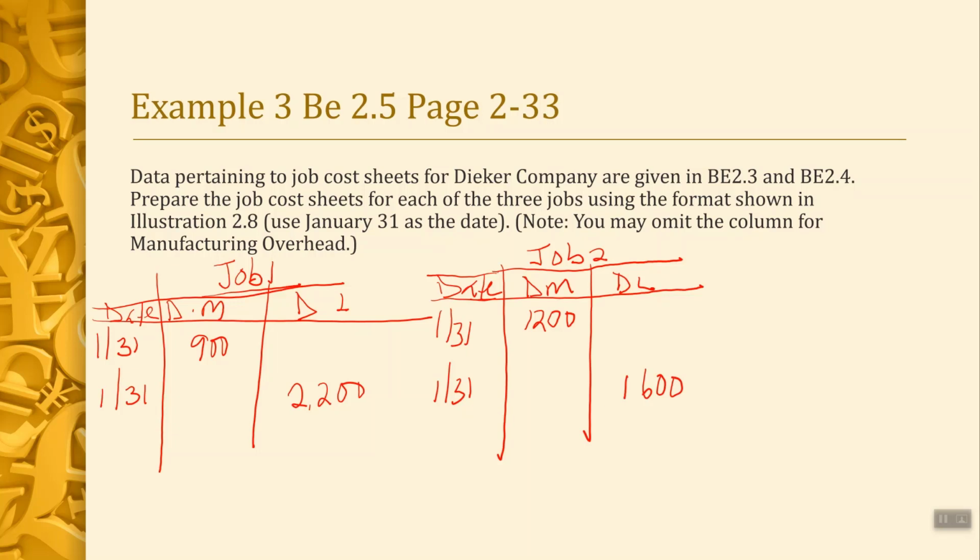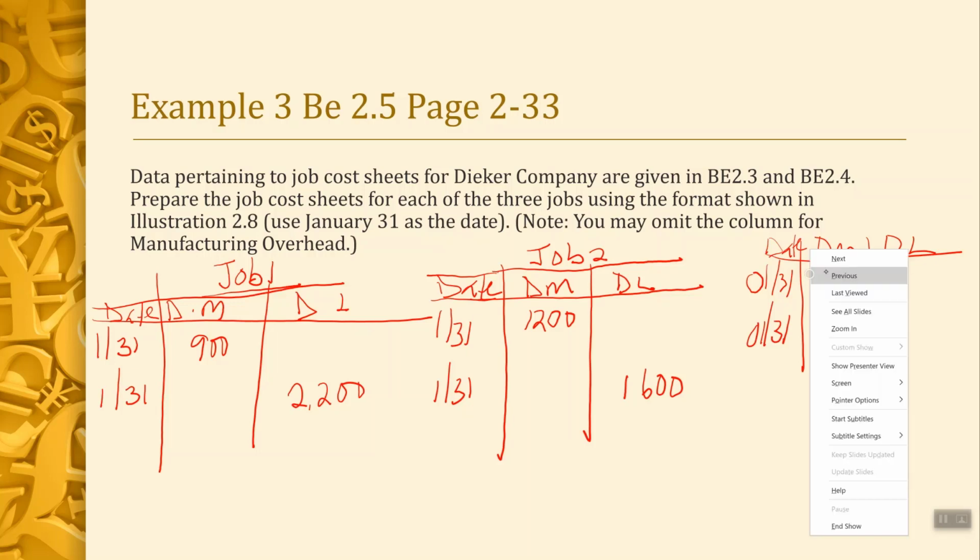We're able to see clearly how much went for direct material for job 1, how much went for direct labor for job 2. And then lastly we have job 3, direct material, direct labor. 0131 and 0131. For direct material for our job 3, we had 700, and then for the direct labor.